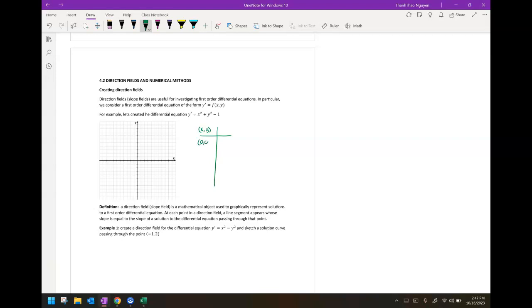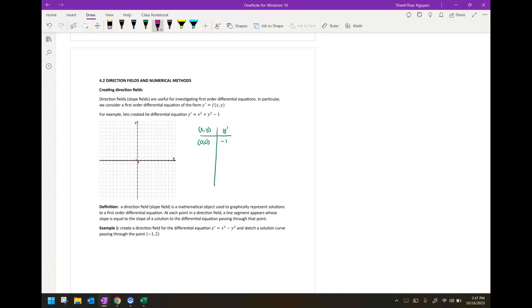So 0, 0, y prime. When we plug 0, 0 in, we get negative 1. This means at the point 0, 0, the slope of the function is negative 1. So I'm going to make a small negative 1 slope at the point 0, 0.